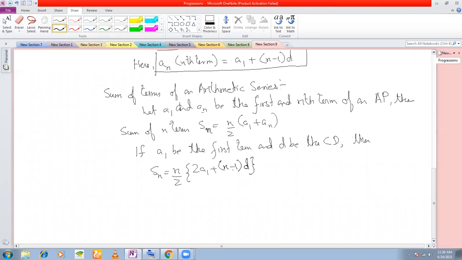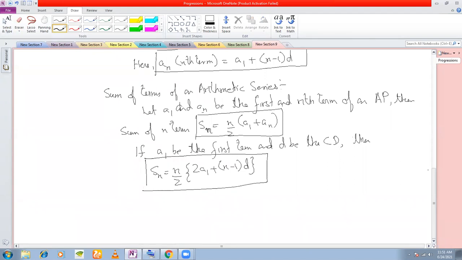This is another formula. Okay. So remember this formula for sum of n terms of an AP. And also remember this formula for the sum of n terms of an AP.